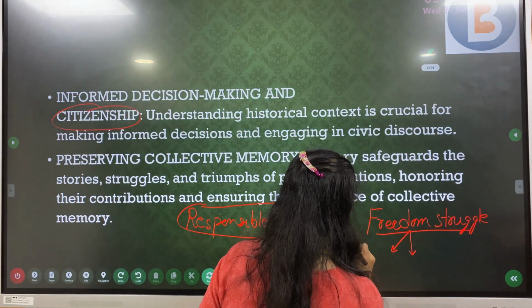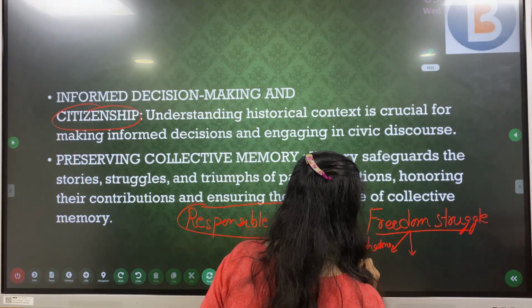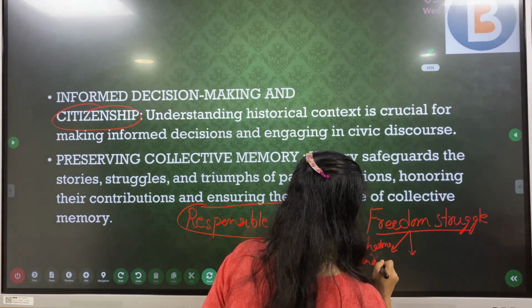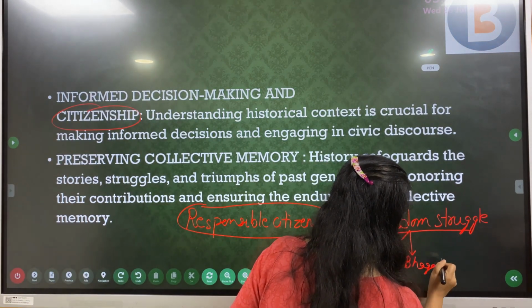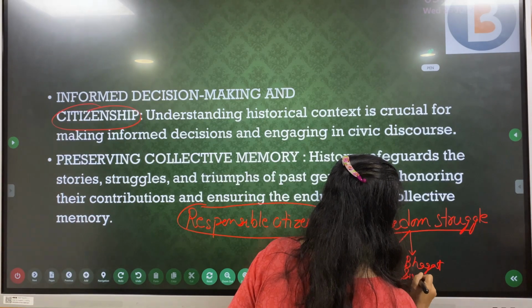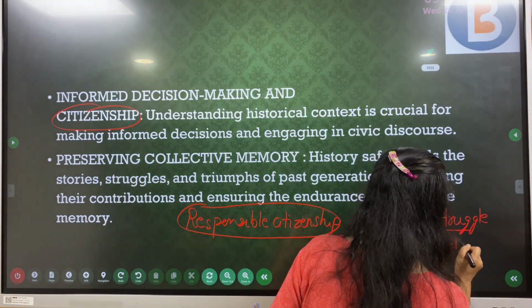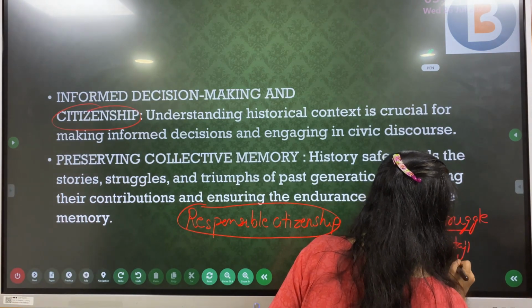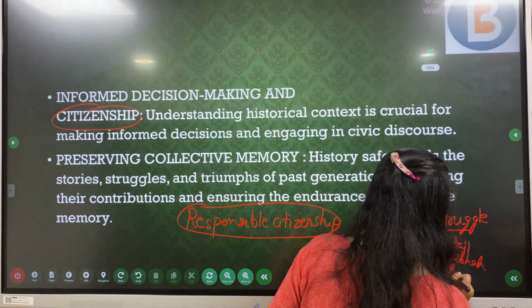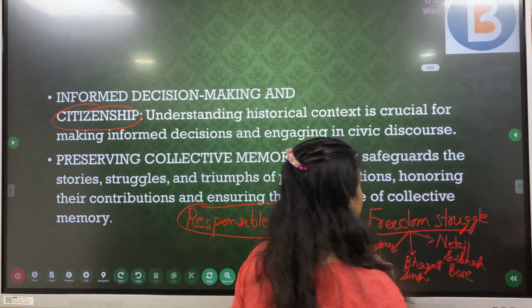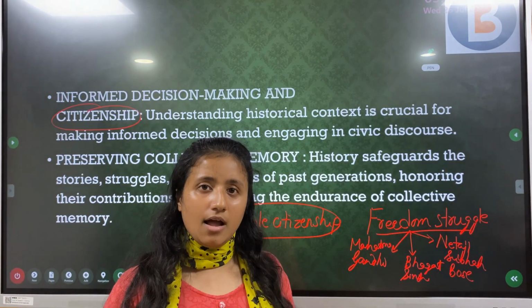For example, Mahatma Gandhi, right? Netaji Subhash Chandra Bose, Bhagat Singh, right? About all these people, how do we come to know? Only when we study history, right?